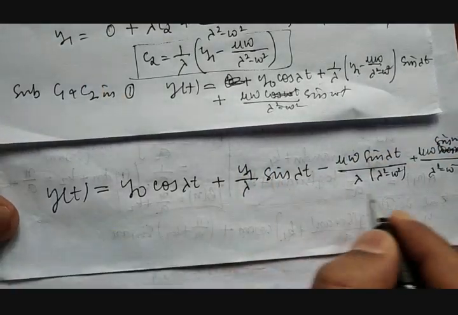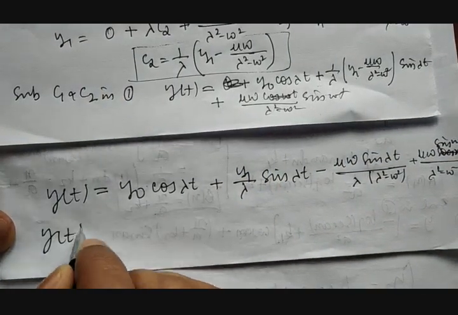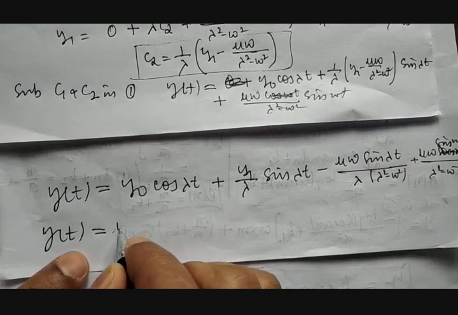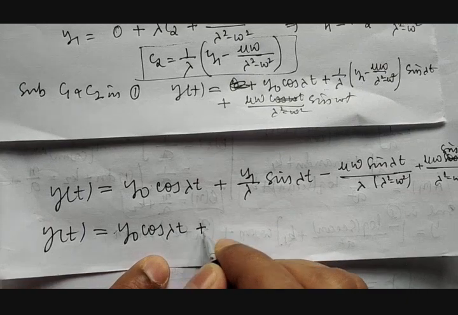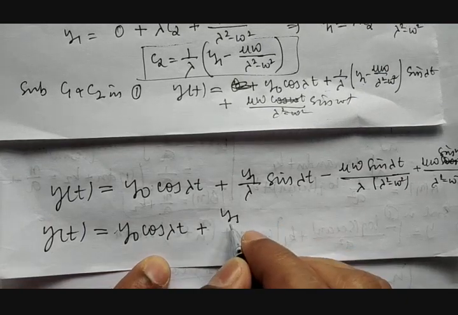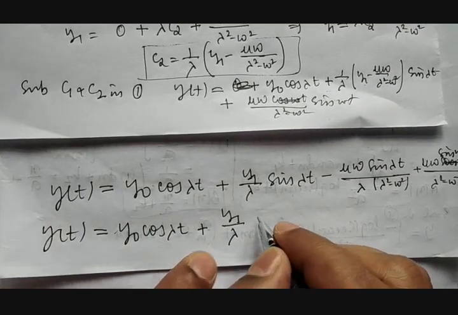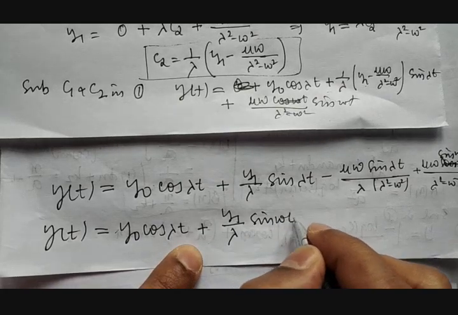Okay, then if you simplify this, it becomes y of t is equal to y naught into cos lambda t plus y1 divided by lambda into sine lambda t.